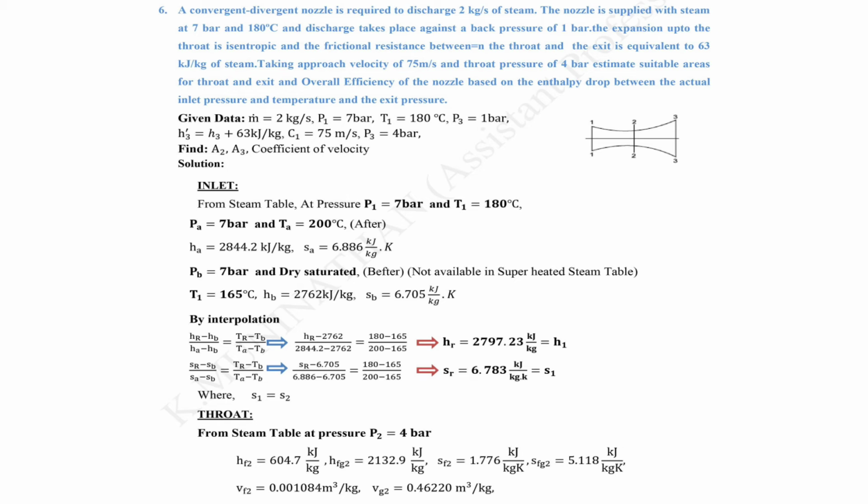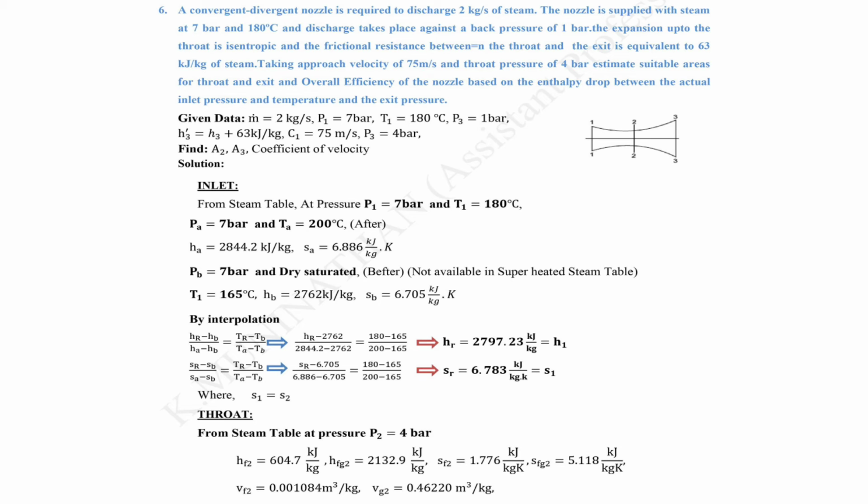Here the inlet conditions are going to be calculated from steam table values. So we know the P1 value is 7 bar as well as the T1 value is equal to 180 degrees Celsius. From these values you can calculate the H1 value and S1 value from the steam table.